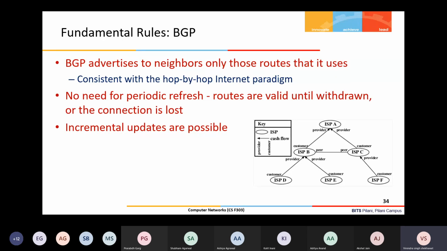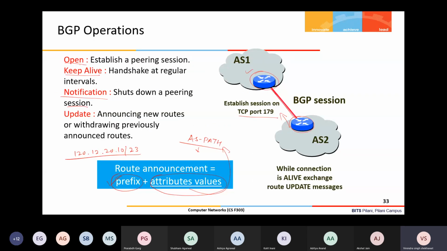Okay, so we'll stop here once. Now the question is, suppose AS2 is sending some route to AS1. On what basis will AS1 import this route into its BGP table? Whether it will import the route or not, on what basis will it decide?